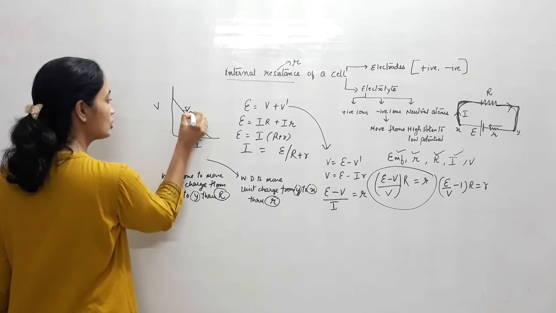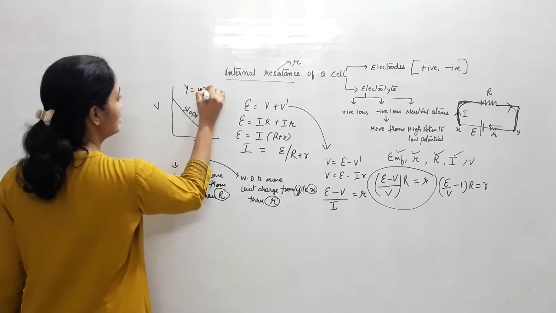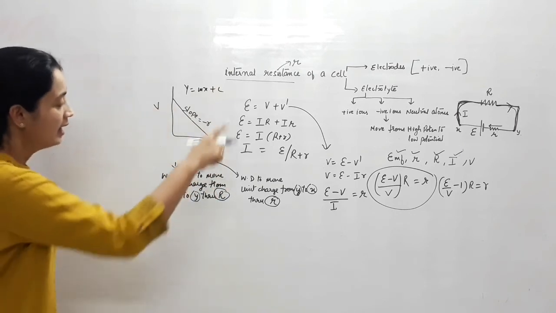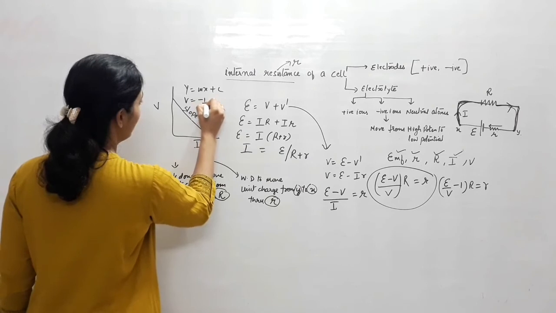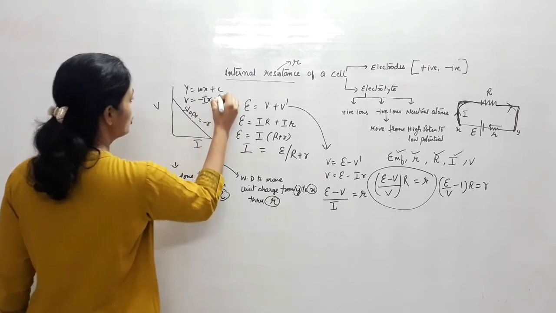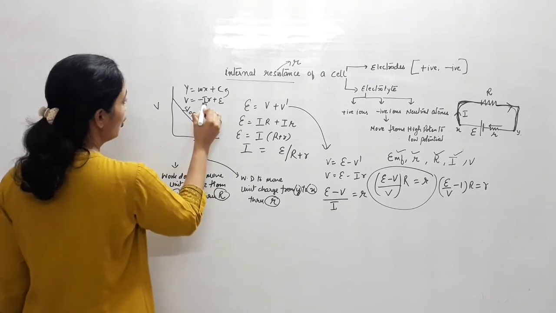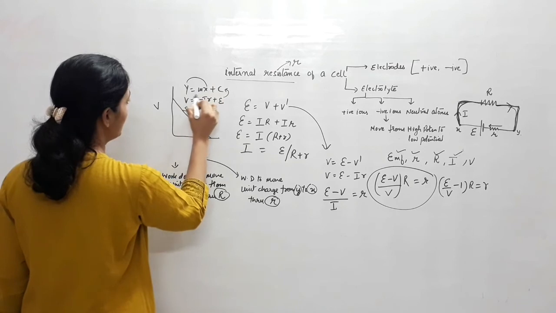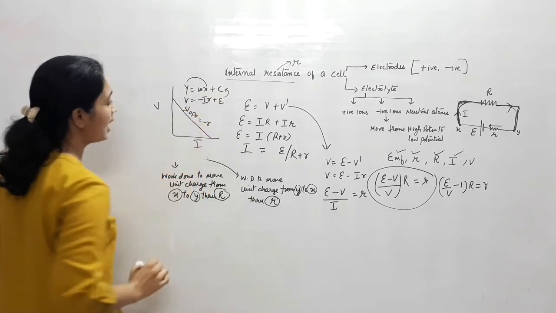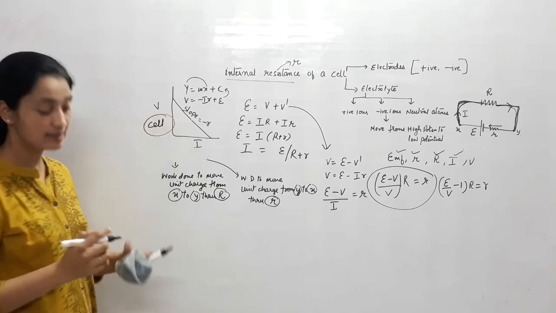This is indicating a slope of minus r, because y is equal to mx plus c is the equation of a straight line, and here you are getting V is equal to minus Ir plus E. So E is a constant, independent of R, and you are making a V and I graph, with Y and X being V and I, so the slope is minus r. This is for a cell.